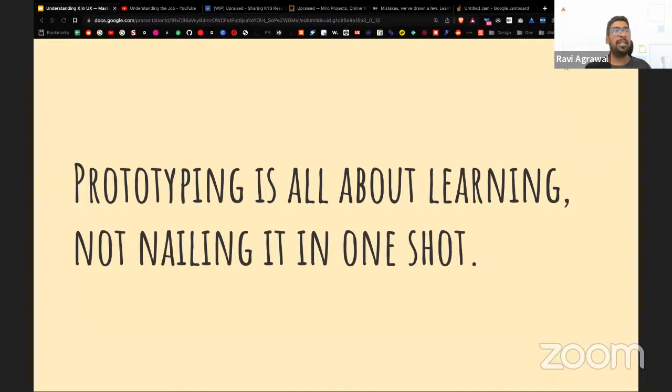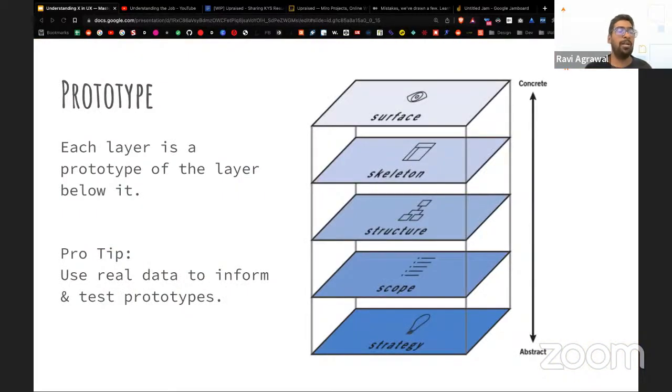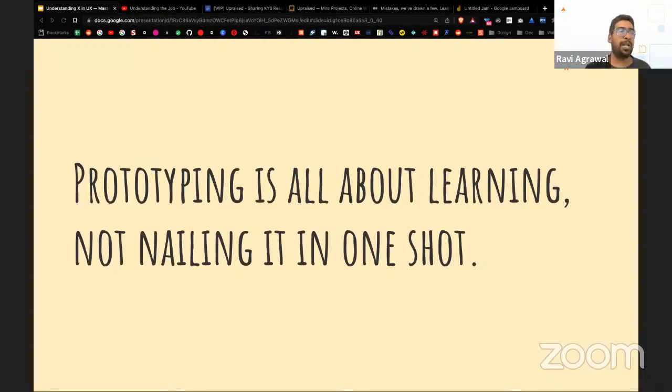You can learn that your surface is not working. You can learn that your structure is not working, or you can learn that your strategy is not working. And you can use all the different lessons that you have learned from your prototypes and from real data in your prototypes, and make the next prototype much, much better, right?